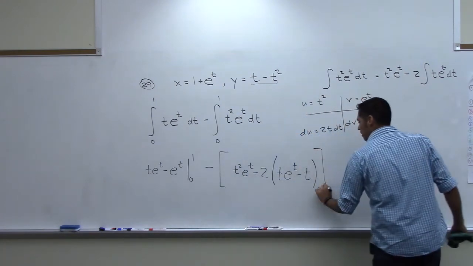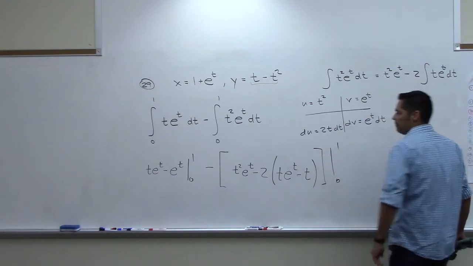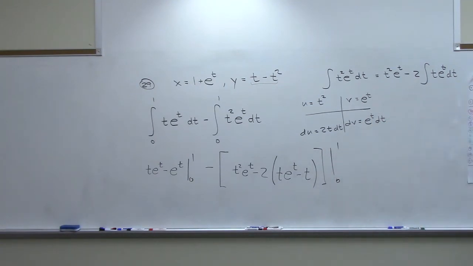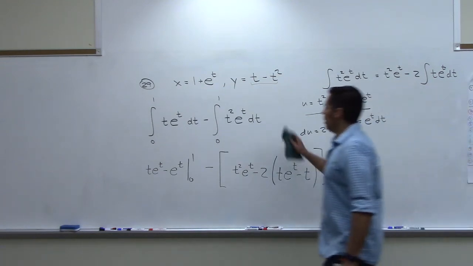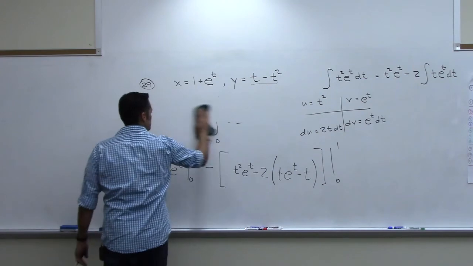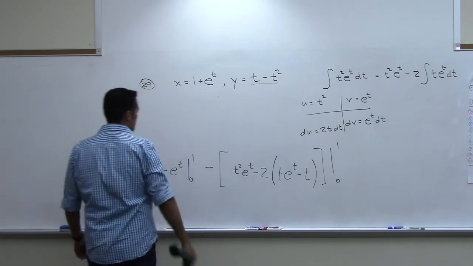All of that evaluated from 0 to 1. See how I did that? Kind of shortcutted it there a little bit. Let's plug in 1 and see what we get, and then subtract what we get when we plug in 0.